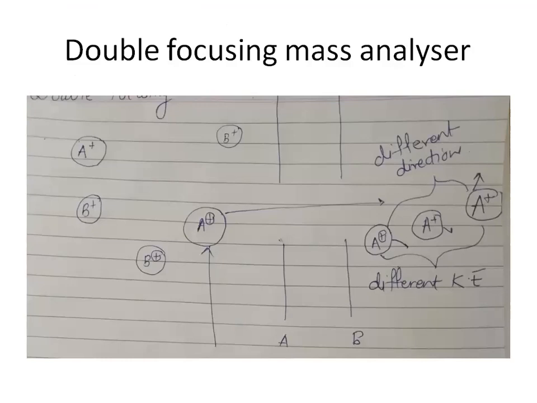Now there are certain lacunas associated with single focusing or magnetic sector instruments. In a magnetic sector instrument, we have seen that the kinetic energy of all the molecules, irrespective of their masses, is going to be the same. Now, this is not true. There are certain deviations.